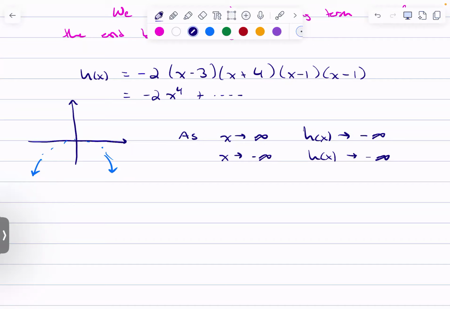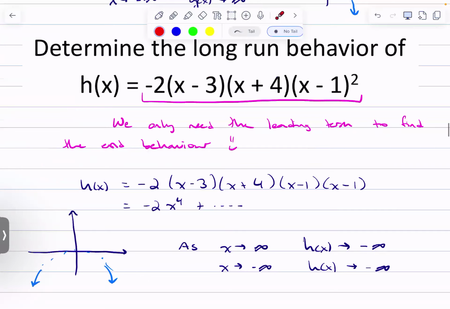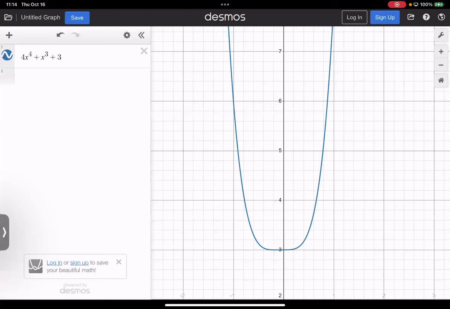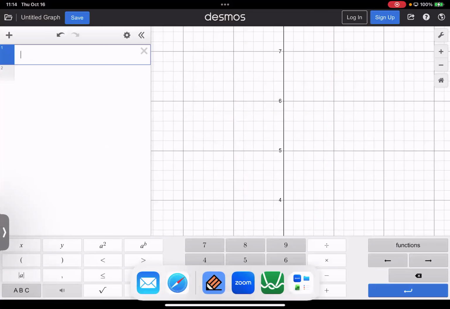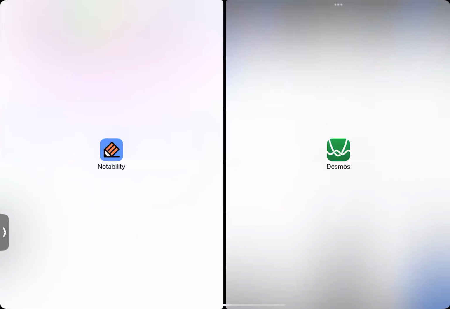Okay. Why am I doing these dots here? Because we don't really know what's going on with this thing, right? And so what if we plug this into Desmos? I'm hoping I'll get a good one this time. Let's see, I'll need to bring it in.